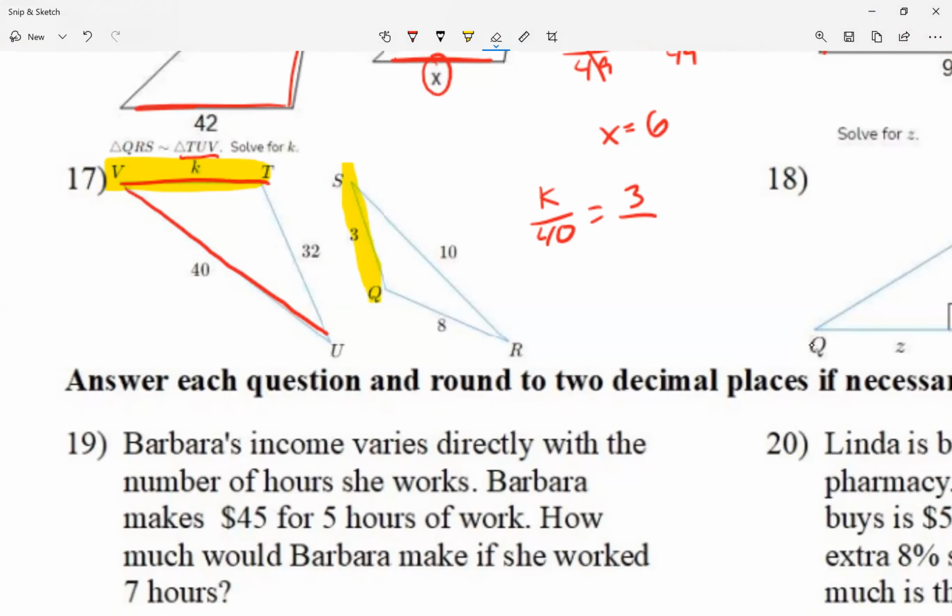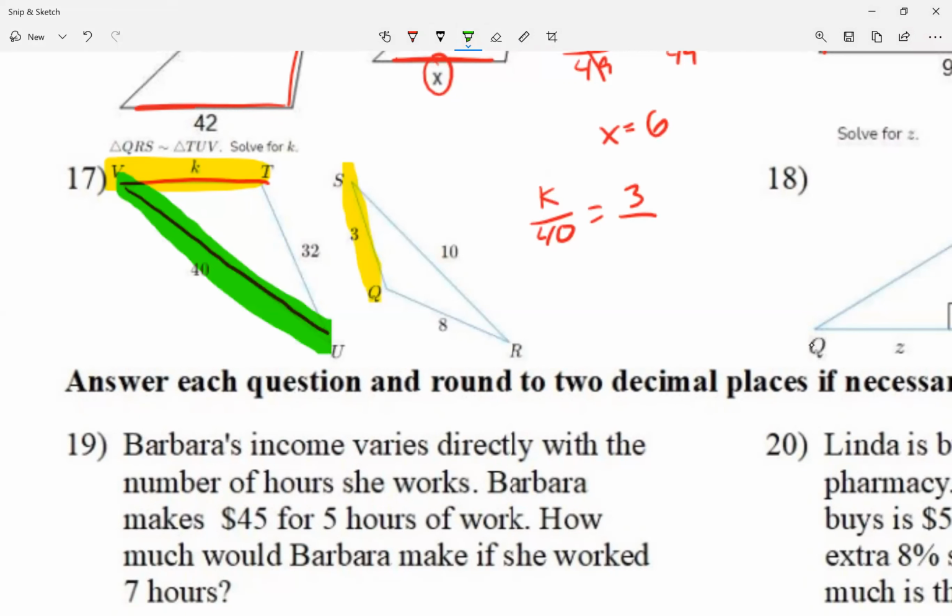Let me use this notation again. 40 is the side VU. Let me show you why I said it's VU. 40 is this side. The letters, notice I connected from V to U. So that means I have to cross out the first letter. On the other triangle, let me cancel the first letter, so that gives me RS.